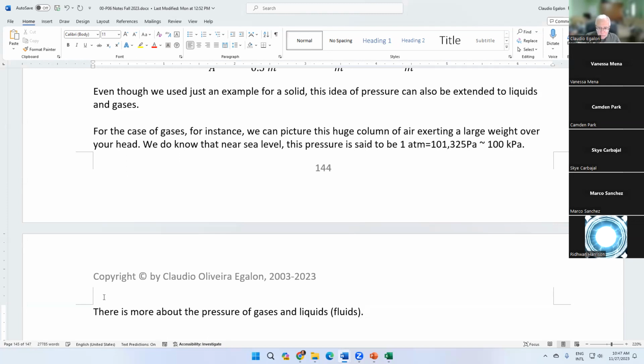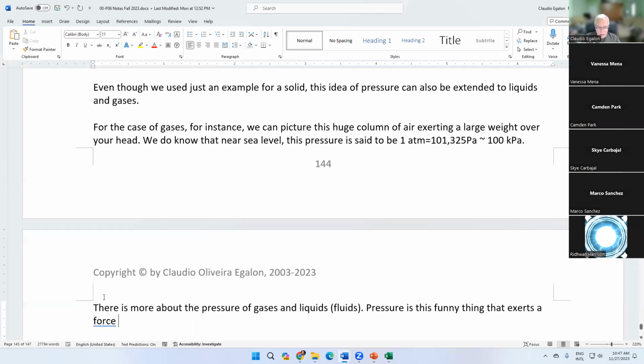So pressure is this funny thing that exerts a force on you in every possible direction, and not just in the vertical direction like the weight.